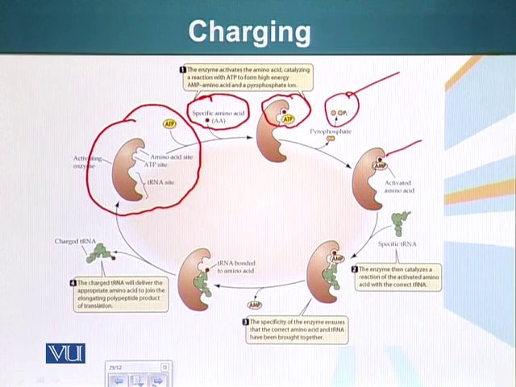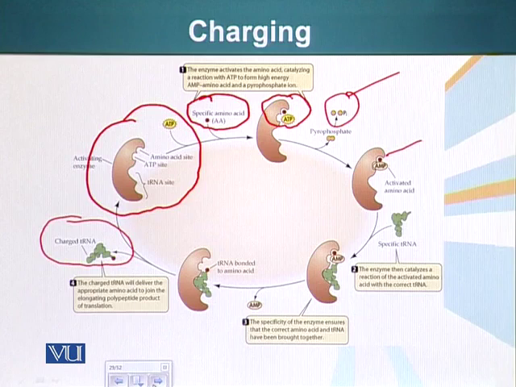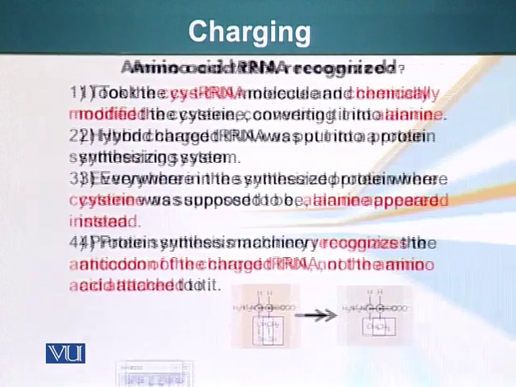Here I said the carboxy domain of this amino acid is bound to the 3' hydroxyl group of the pentose sugar on the tRNA. Now this tRNA has been attached to its specific amino acid. We say that this tRNA has been charged, and it is now ready to take part in protein synthesis.